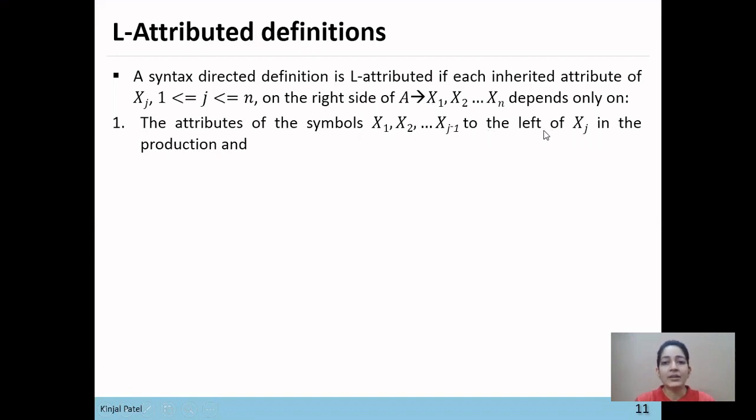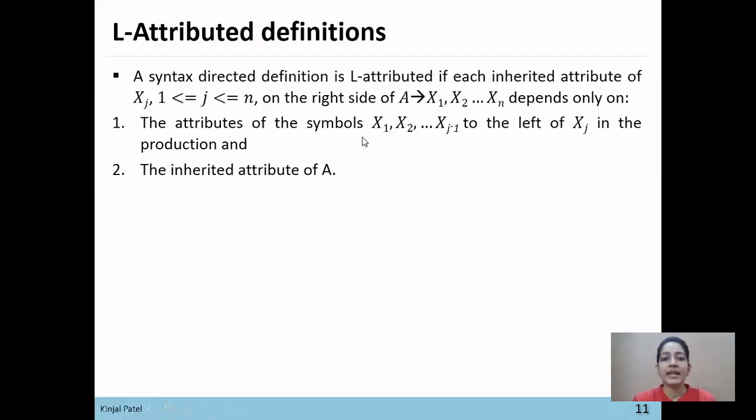Means it can depend on the left symbols only, or it can depend on the inherited attribute of A. Means if A is inherited attribute, then this all value can depend on A.